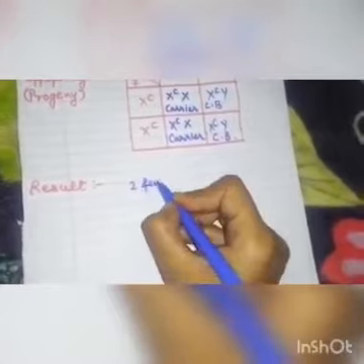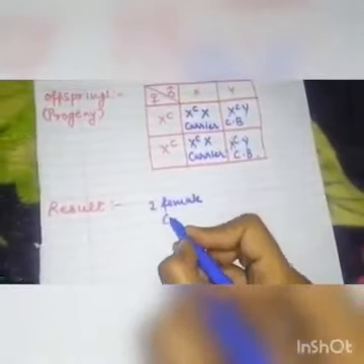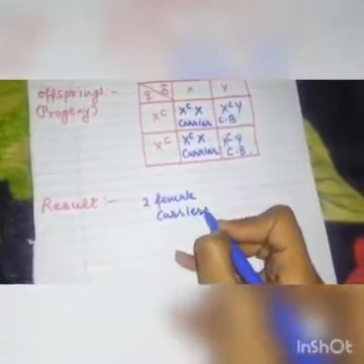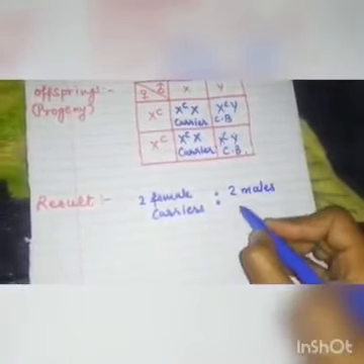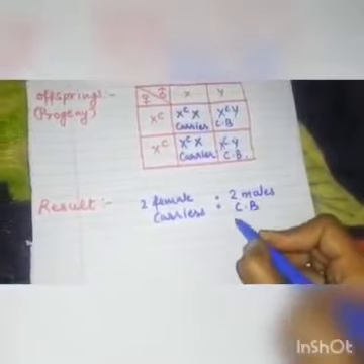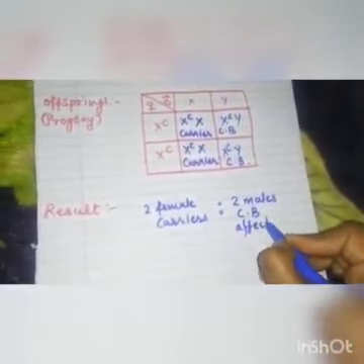These two, Xc and X, are female carriers. Two female carriers and two colorblind males are produced at the end of the F1 generation in this case.